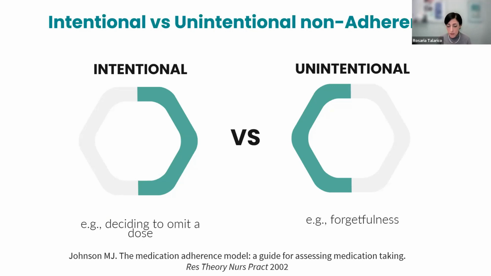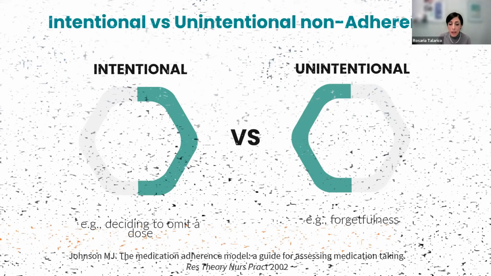Obviously both reasons can be present, not only in the same person, but also at different times of the life of the disease. For example, intentional is related to a design, specifically deciding to omit a dose, a drug, for some specific reason. Unintentional non-adherence is, for example, forgetting for no specific reason.